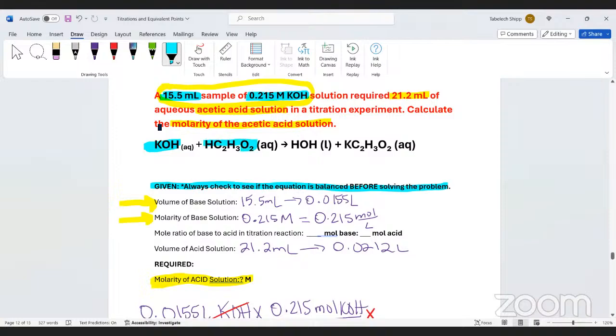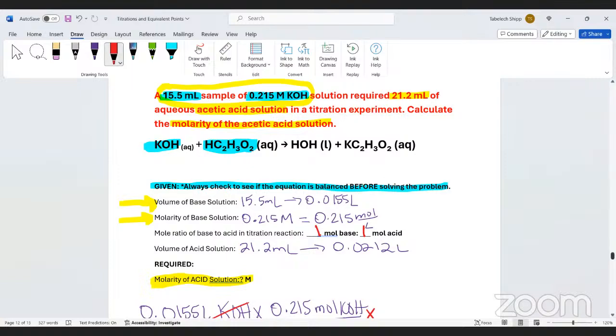So these 2 are what's going to be used for my mole to mole ratio. Well, there's an imaginary 1 in front of KOH and an imaginary 1 in front of acetic acid. So because there's a 1-to-1 ratio, I'm going to put 1 and 1 for my mole to mole ratio for the base and the acid.